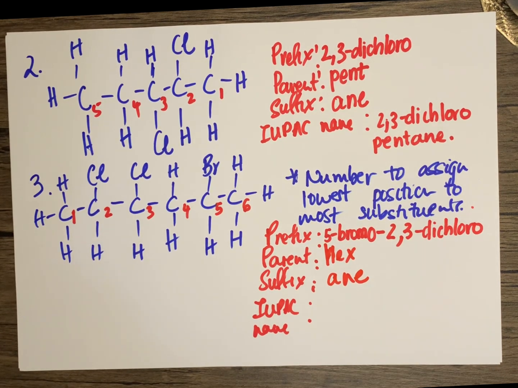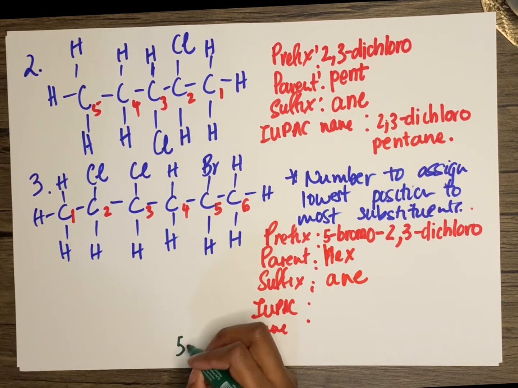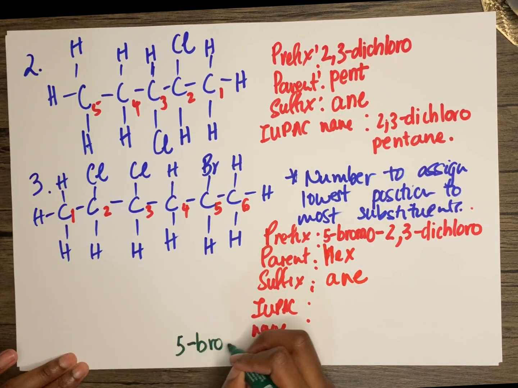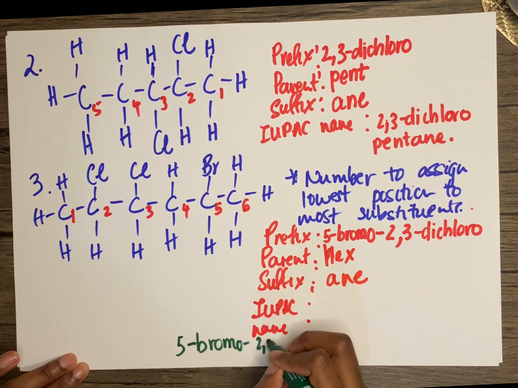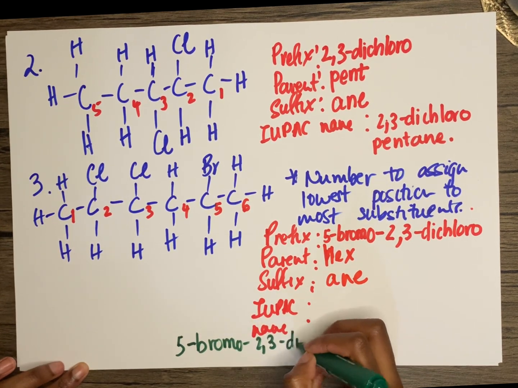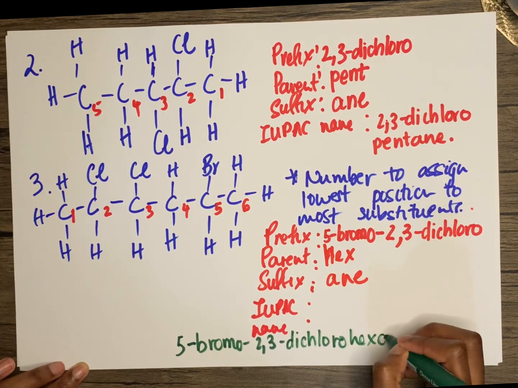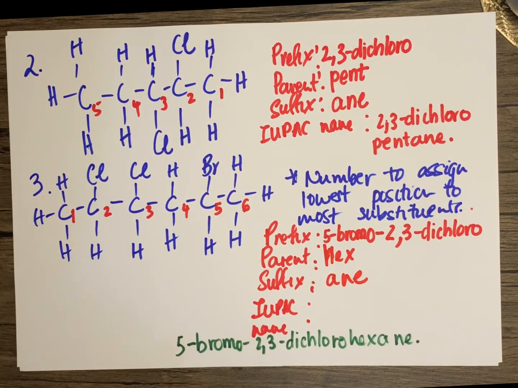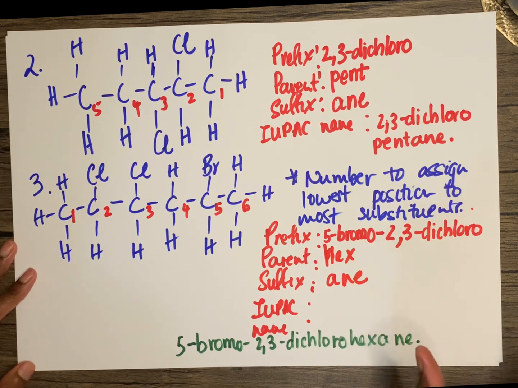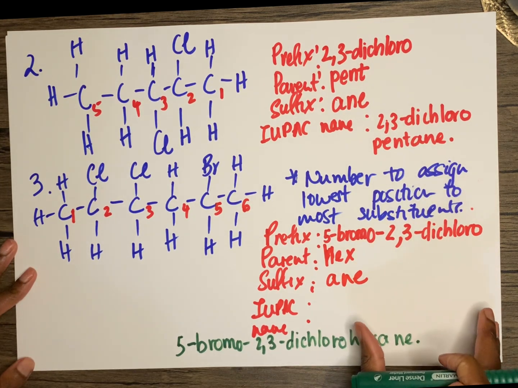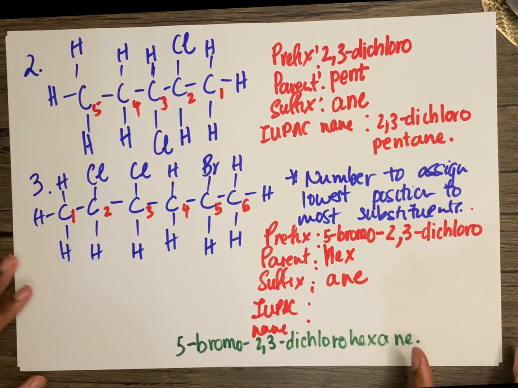So when I put the name together, it's going to be 5-bromo-2,3-dichlorohexane, right? So here I said I'm going to number in order for me to give the lowest number possible to most of the substituents.